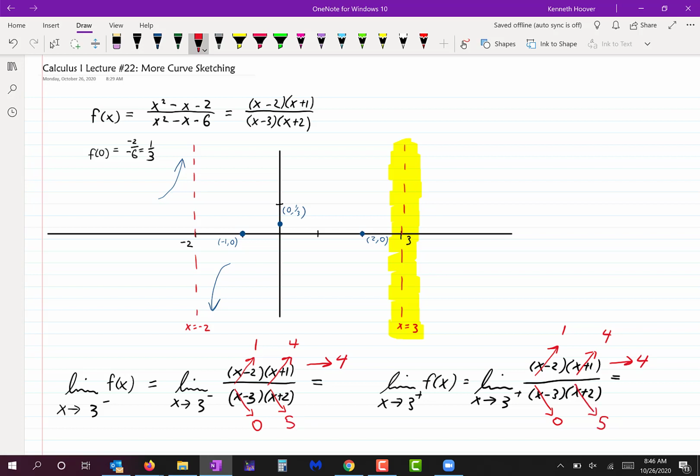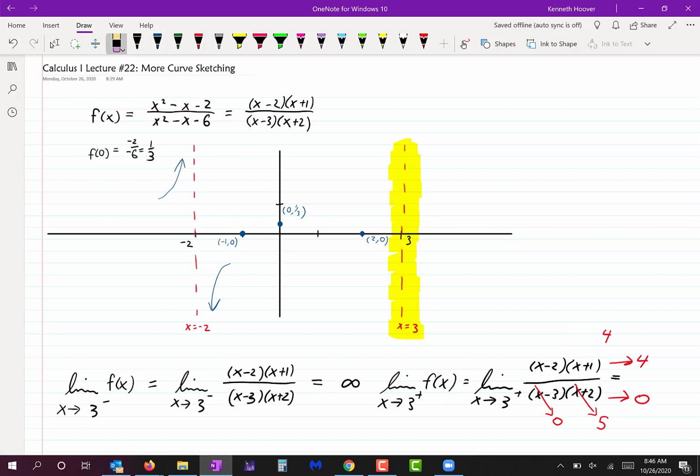So the bottom is approaching 0. So both of these limits will be infinitely big. Okay? I'll go ahead and put the infinity symbol there.